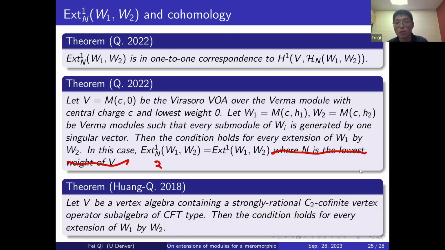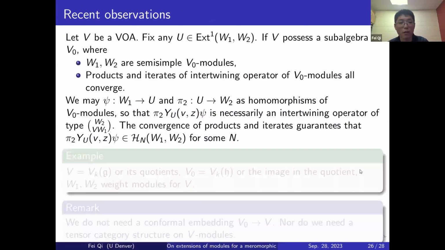But as long as the convergence condition we want is automatically satisfied if W1 and W2 are simple V0 modules, and as long as the products and iterates of intertwining operators of V0 modules all converge, then we could similarly choose these sections as homomorphisms of V0 modules, and use the convergence of products and iterates to guarantee the condition for any extensions of W1 by W2.